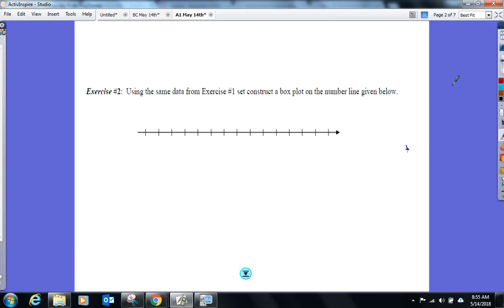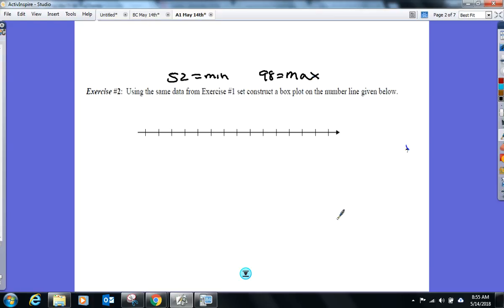But somewhere along here has to be 52 for your minimum and 98 for your max. Does it have to begin at 52 and end at 98? No. It can start at 50 and end at 100. I don't care. Whatever you want to go by right now. All right, so figure out what you want to go by. You're going to go by the same amount, but somewhere in here has to be 52 and 98.